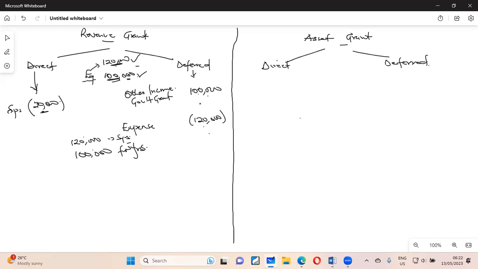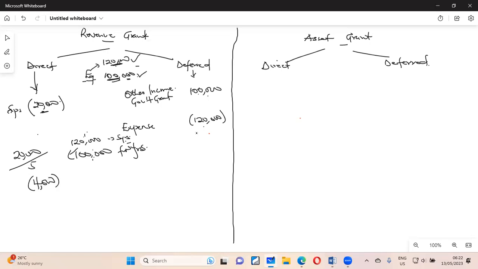The same methodology applies. This school of thought will say the difference is 20,000. I will divide it over 5, which is 4,000. So every year I'll record an expense of 4,000.